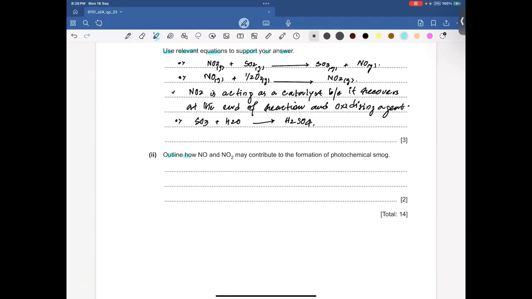Outline how NO and NO2 may contribute in the formation of a photochemical smog. That's an easy thing.